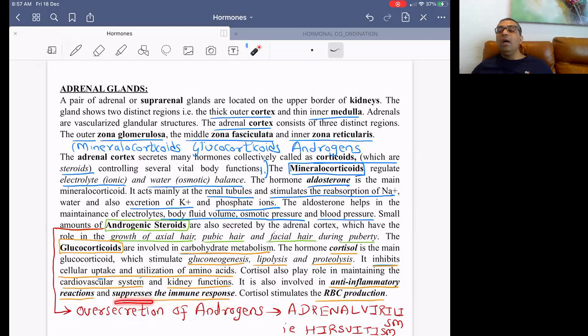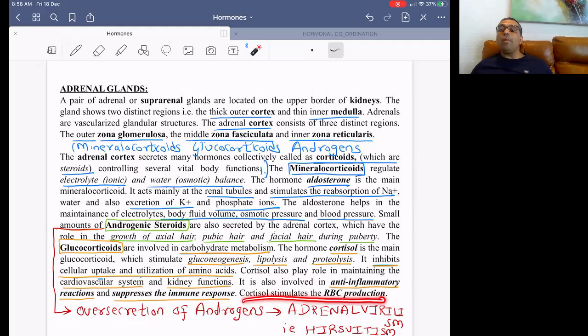Cortisol suppresses the immune response, तो उस पर्सन की इम्यूनिटी को ही टेम्पररीली कम कर देता है. So the kidney is not recognized as foreign antigen, और उसके अगेंस्ट एंटीबॉडीज नहीं बनेंगे, and the kidney will get accepted. Beautiful function. And cortisol stimulates RBC production.